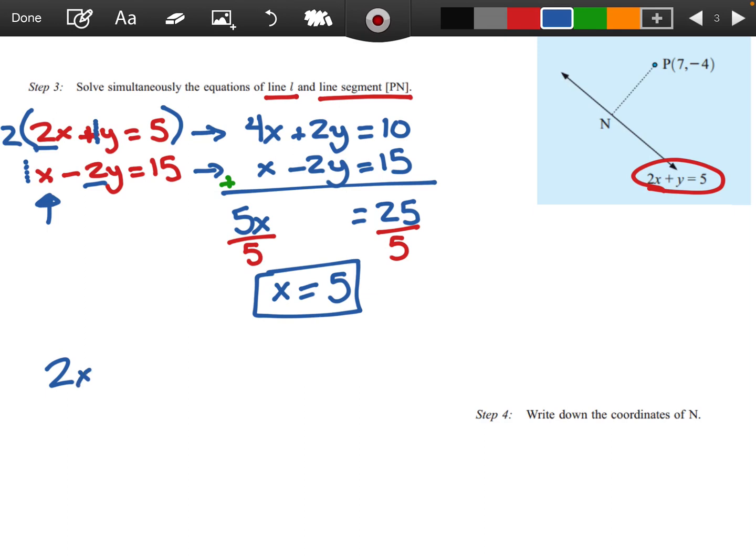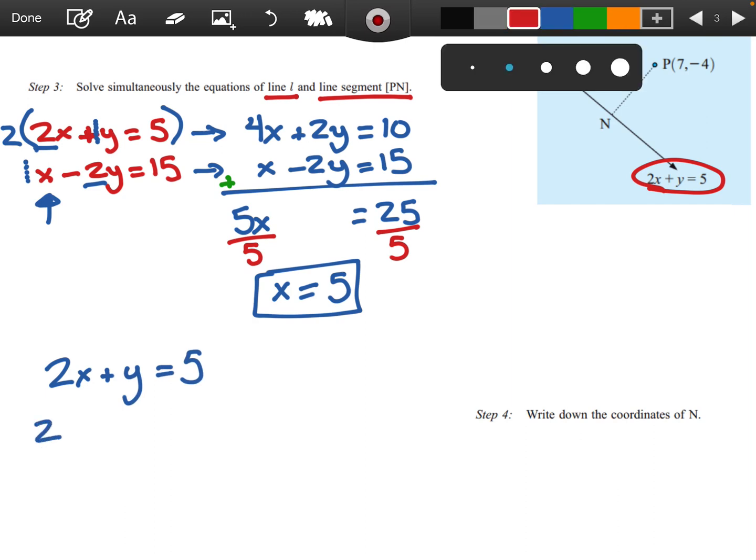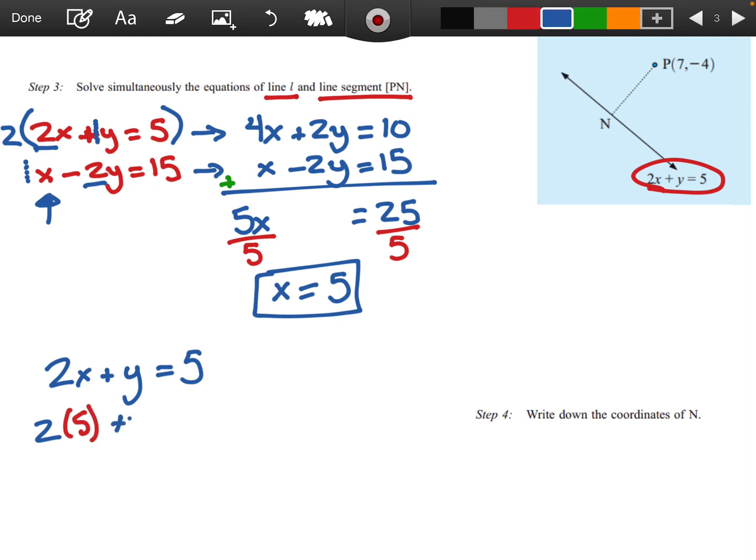I'm going to use the top one only because there's no coefficient of y, so it'll be a slightly simpler solve. So I'm going to take the value that I just figured out x to be, plug that in where I see x, plus y equals 5, and then I'm going to solve. So 10 plus y equals 5.